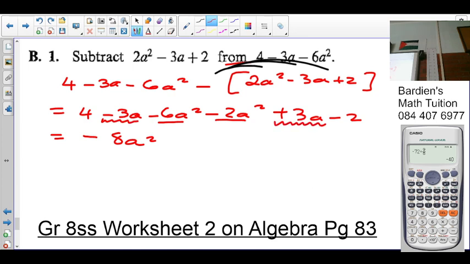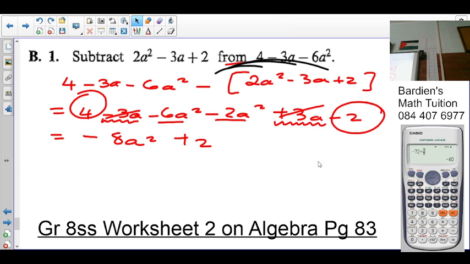What's minus 3a plus 3a? 0. So that's gone. And then we got 4 minus 2. What's 4 minus 2? Plus 2. So it can be 2 minus 8a squared or minus 8a squared plus 2, it is the same. Okay, you guys understand? Any confusion here? No?